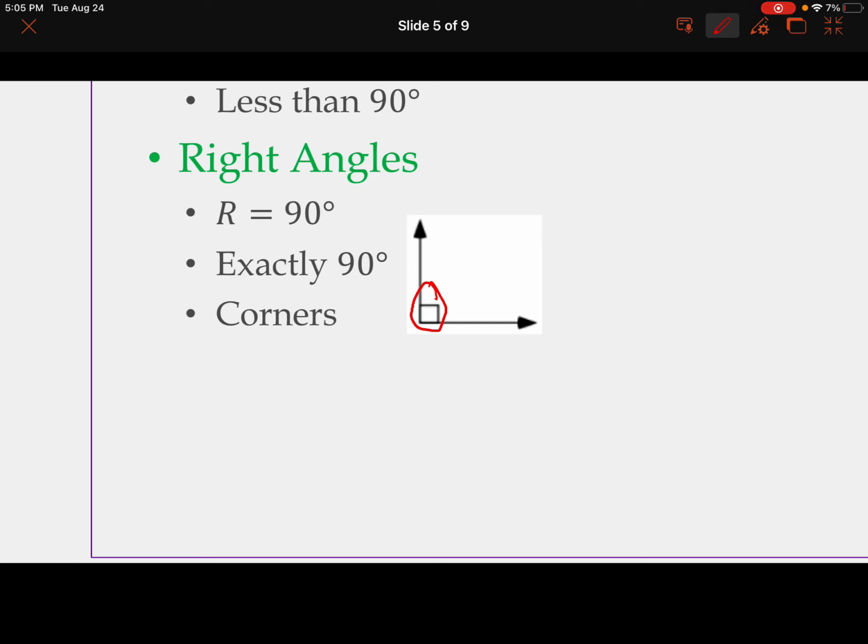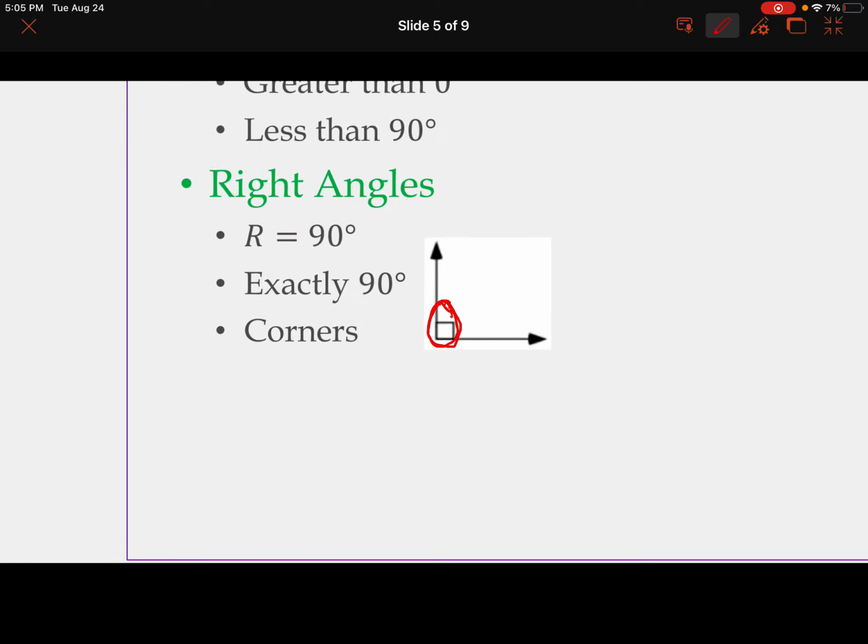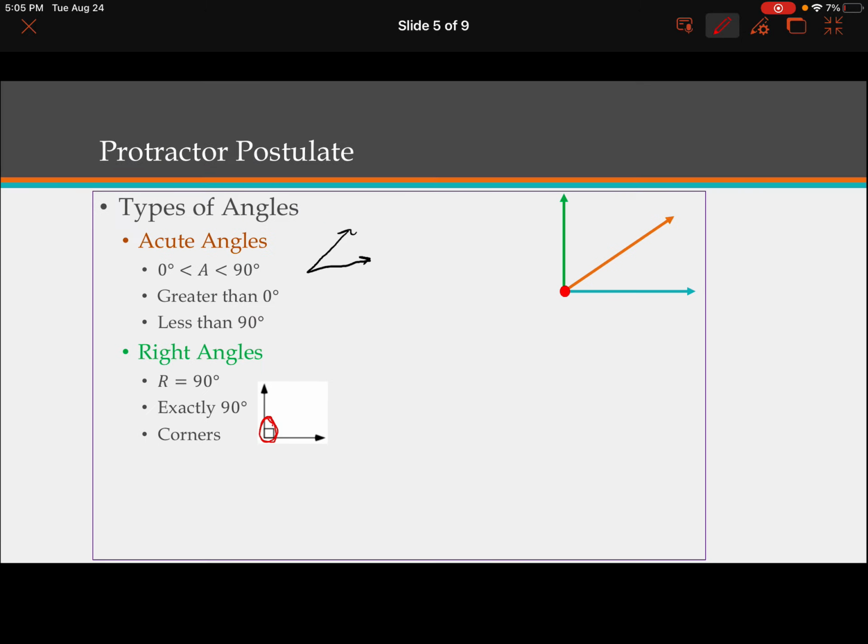But if it doesn't have that square down in the corner, you cannot make that assumption. Okay? If it doesn't have that square down in the corner, you have to still do all the math and figure out what the measure of that angle is. You cannot assume that it's going to be 90 degrees unless it has that square.